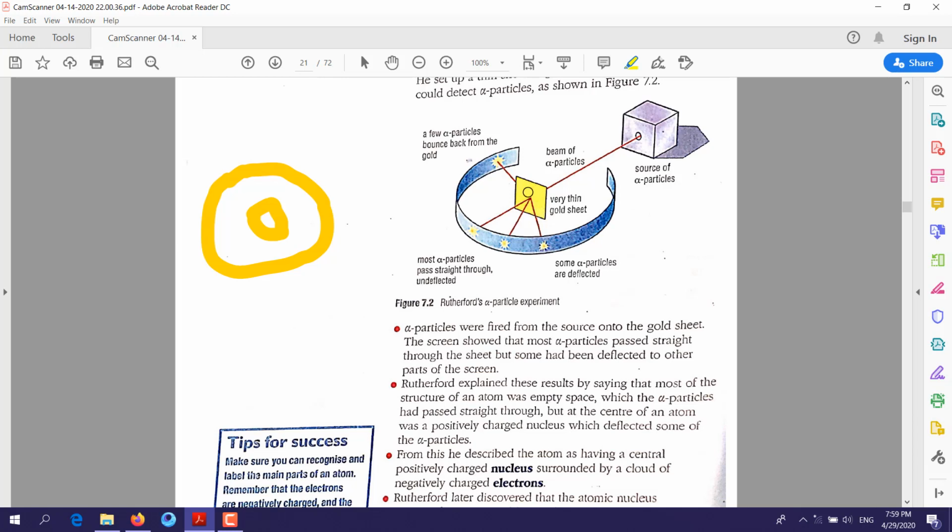Why did they pass? Because between the nucleus and the orbit, it's empty space. So the particles passed through this empty space. By this experiment, he explained the structure of the atom.